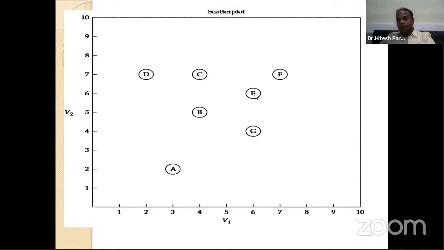You may go either horizontally and then vertically, which is path number 1, or you can go diagonally. The diagonal distance will be lesser as compared to the horizontal and vertical distance. So in this way you can define the distance. Is it clear?